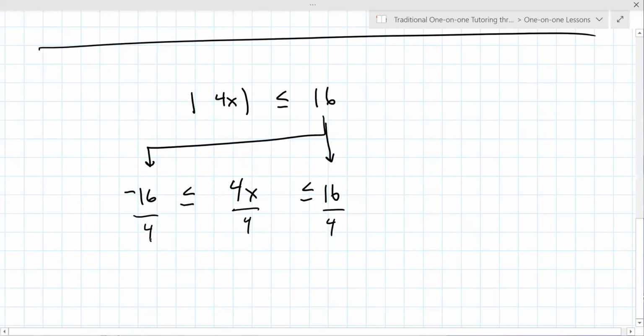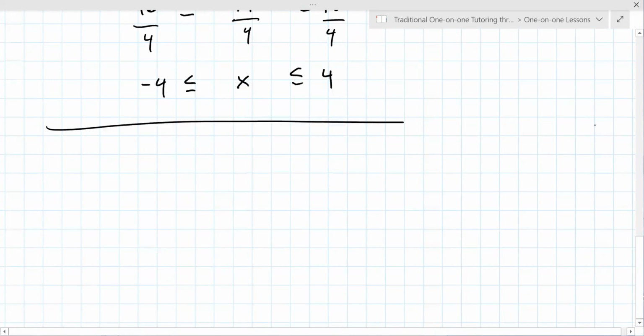What is negative 16 divided by 4? Negative 4. What is 16 divided by 4? 4. Very good.